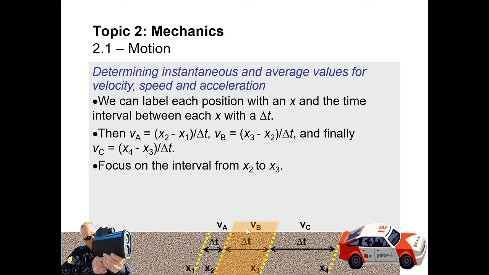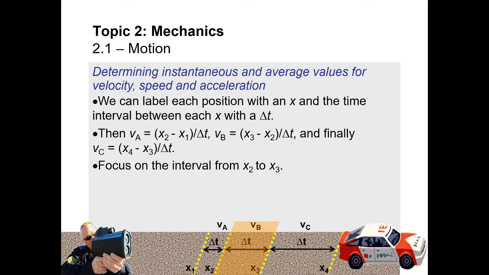If you look at the interval from x2 to x3, we're saying the velocity of the car is vB. But in reality, when a car is speeding up, imagine looking at the speedometer on the dash. The needle doesn't suddenly jump from one speed to another. It gradually rotates clockwise as you increase your speed, or in the other direction if you're decreasing your speed.